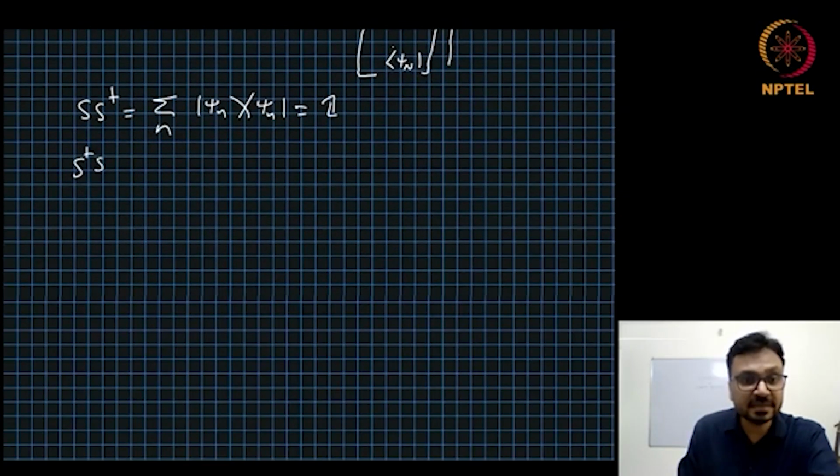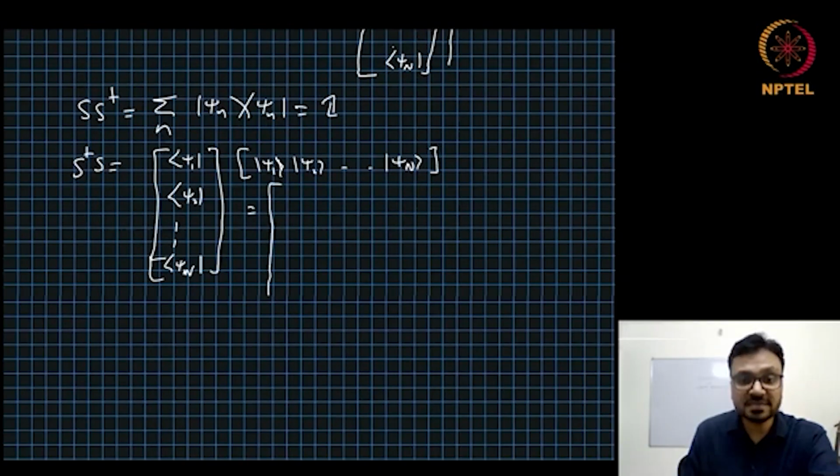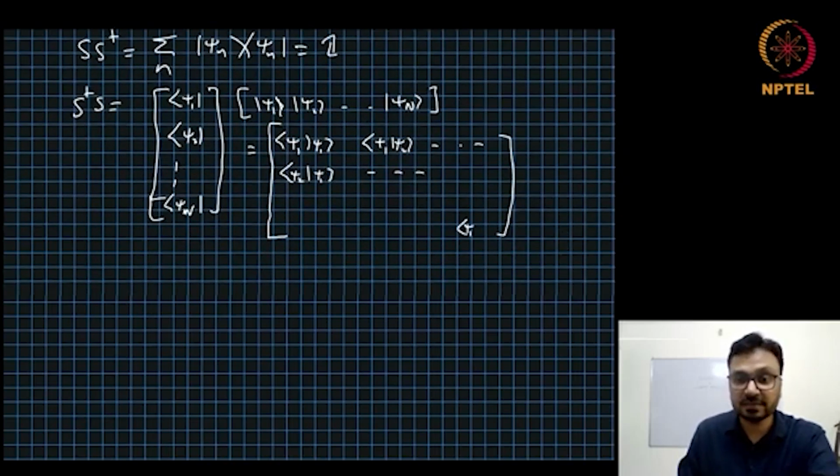Now let us try S dagger S. That will be psi 1, psi 2, psi n as rows, times psi 1, psi 2, psi n as columns. This will be a matrix. The first element here will be psi 1, psi 1, then psi 1, psi 2, and so on, then psi 2, psi 1, and so on up to psi n, psi n.